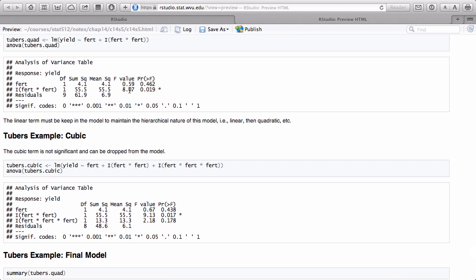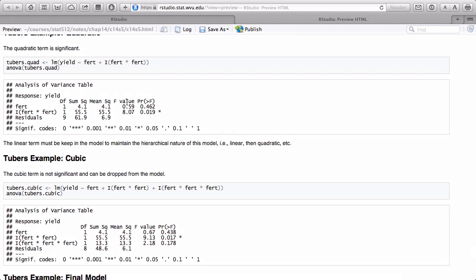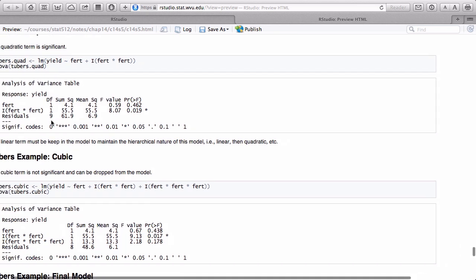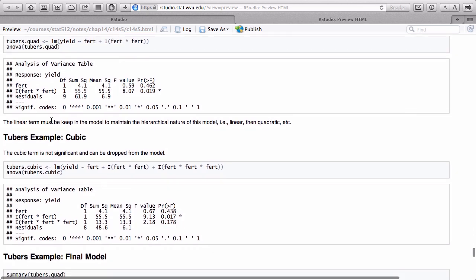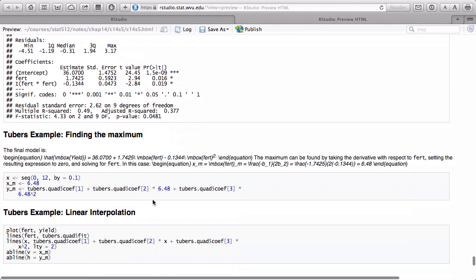This is something that you have to realize. Remember, R does type 1 sums of squares. So when it's fitting this, it's fitting fertilizer without quadratic. It's not significant. Then it's fitting the quadratic after the linear. It is significant. When I do this, it's testing fertilizer after the quadratic and the quadratic after the fertilizer, in which case both are significant here.